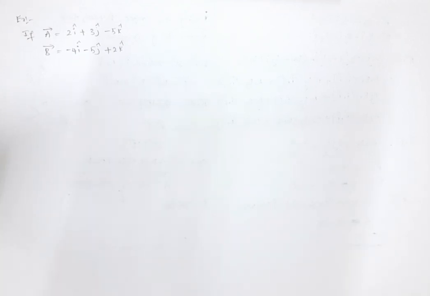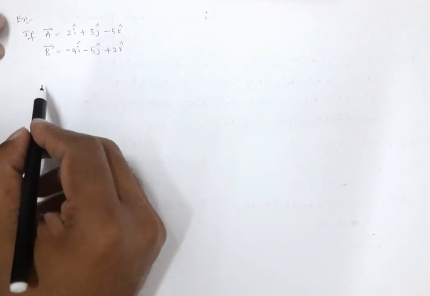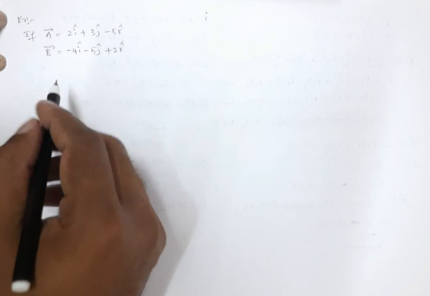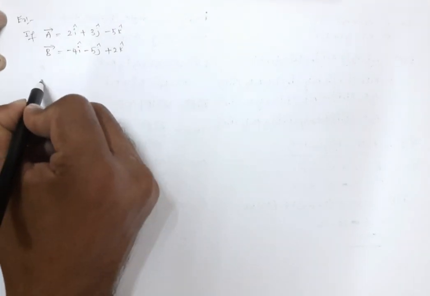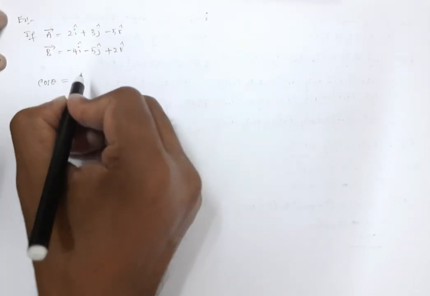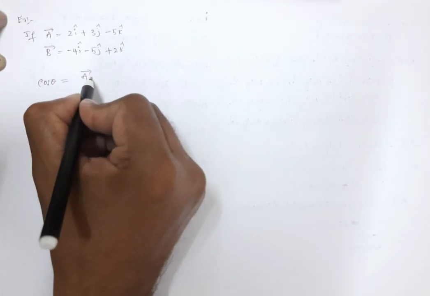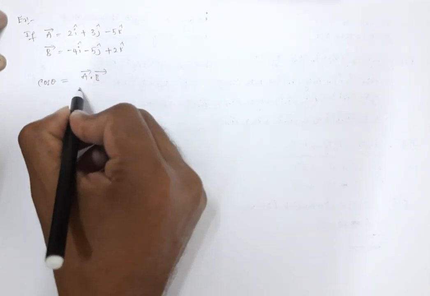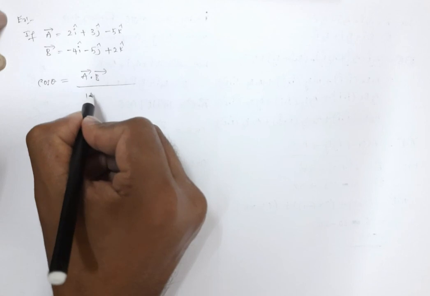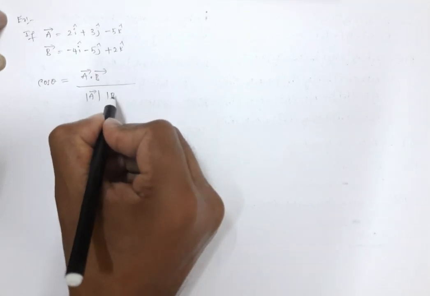Yes, let us take an example to understand how to find the angle between two vectors using components. Cos theta is equal to, what is the formula we have? a bar dot b bar divided by the magnitude of a bar into the magnitude of b bar.